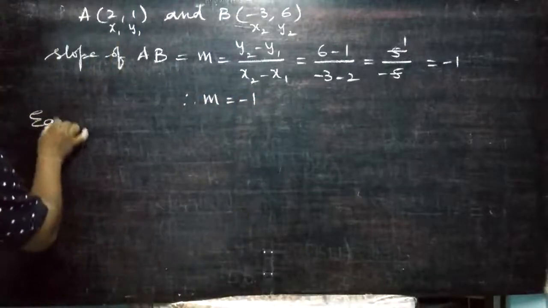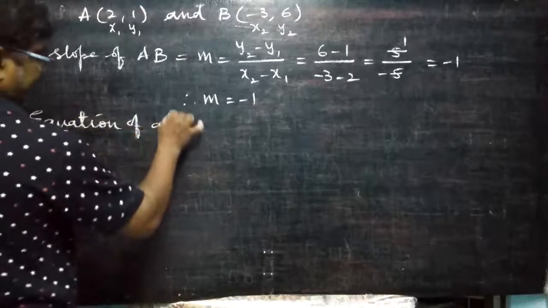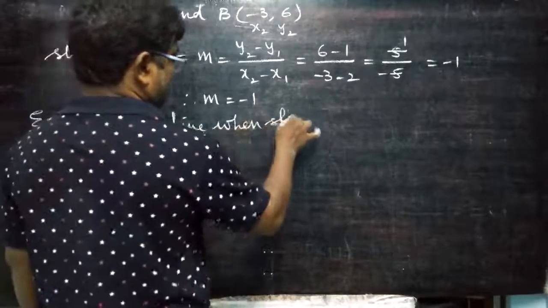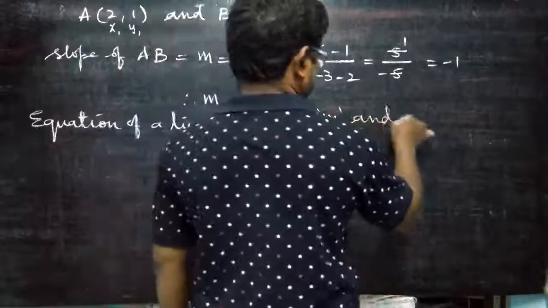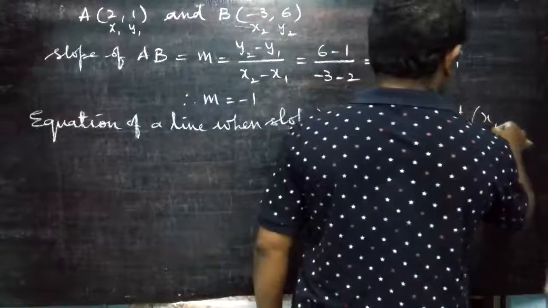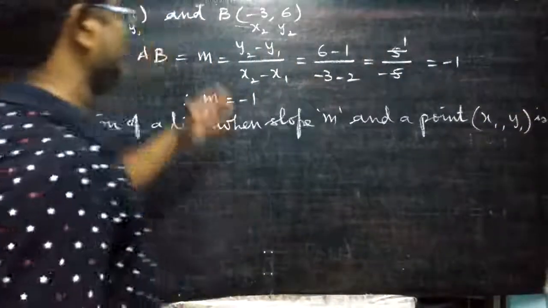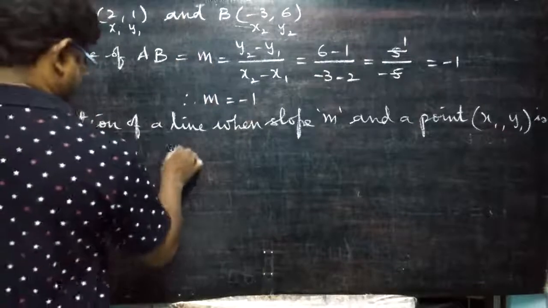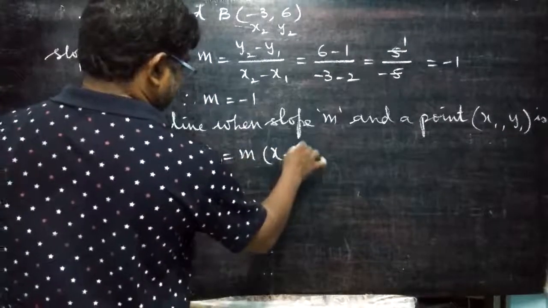Now the equation of a line when slope m and a point x1 y1 are known. You can do it directly, no problem. y minus y1 is equal to m into (x minus x1).